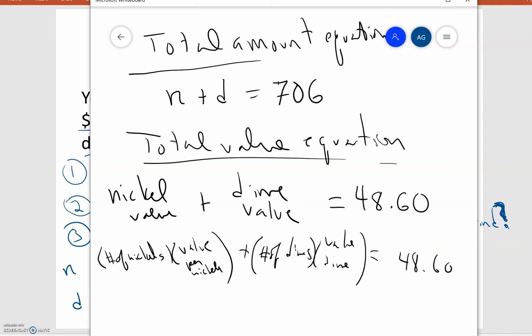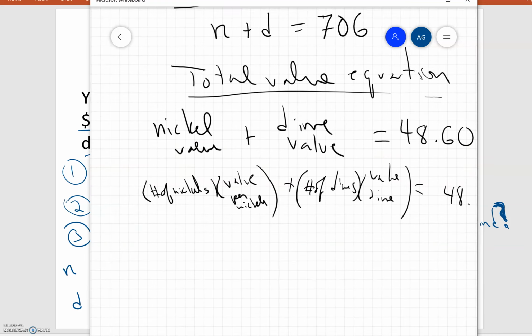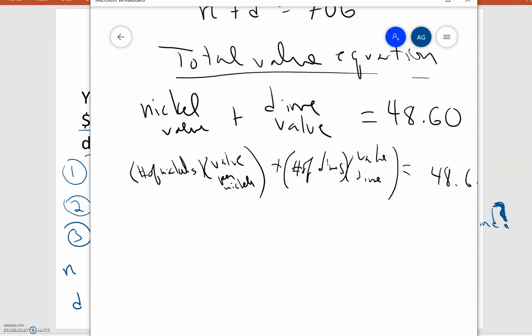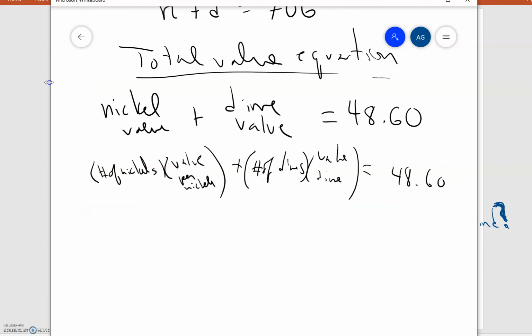So we're well on our way to having the full system here. This is our first part of the system. Now we just need to put symbols in for the second equation. Let me make the window a bit larger. There we go. The number of nickels we don't know, that's n.